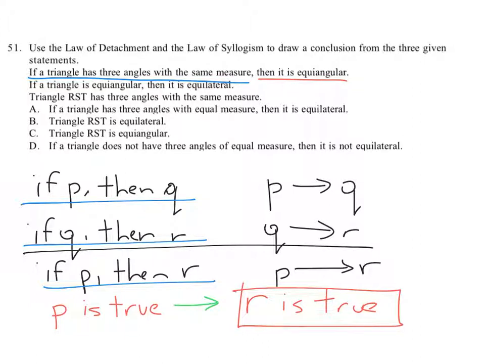If it's equiangular, and we now have then it's equilateral. So we can then jump straight through to say, if a triangle has three angles of the same measure, then it is equilateral.